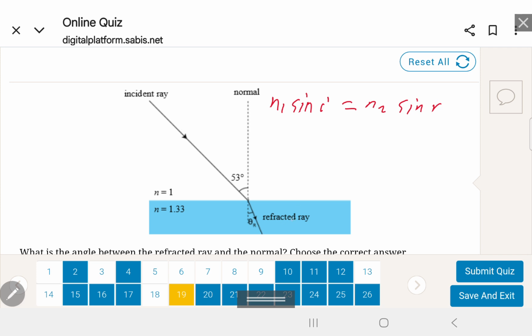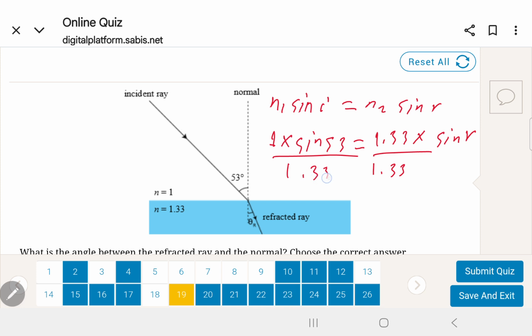N1 here is air, it's coming from air, so 1 times sine 53 is equal to N2, which is 1.33, times sine theta r. We divide both sides by 1.33, and then we do shift sine.